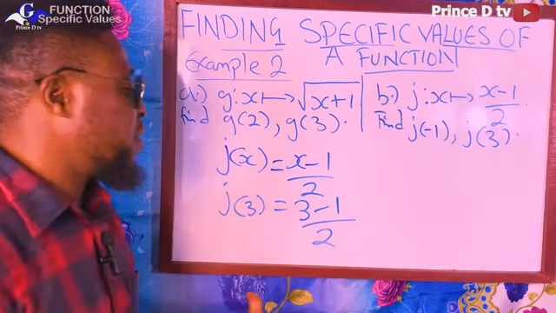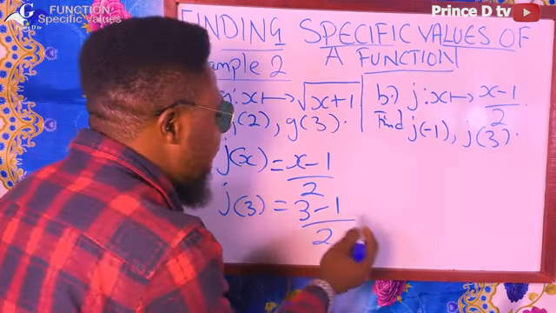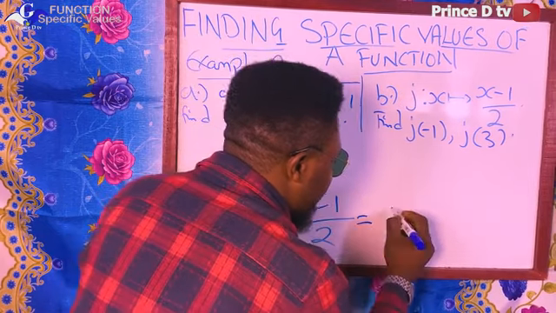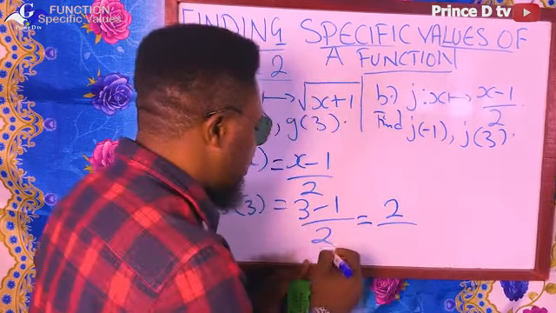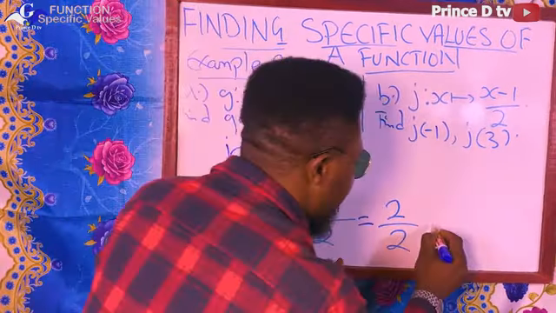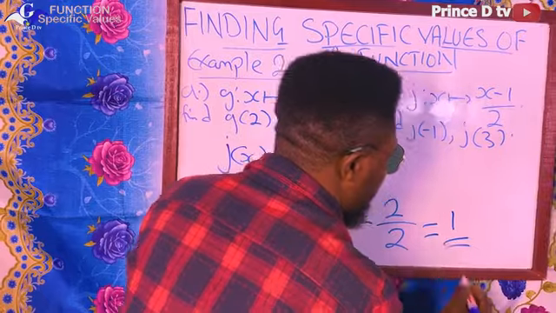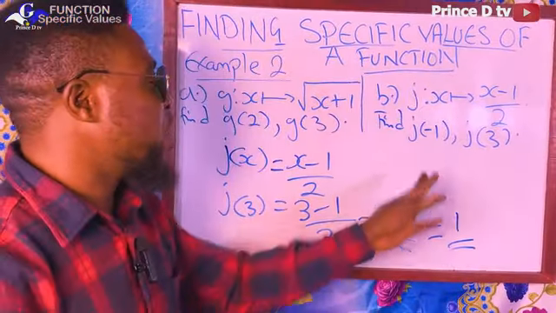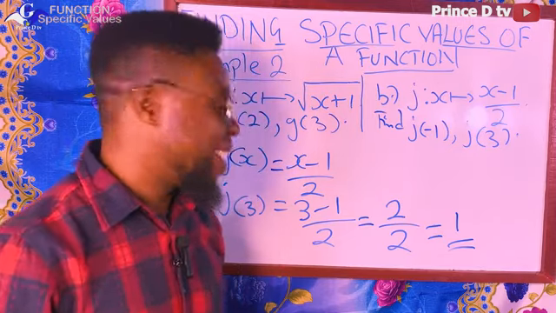The 3 is positive, no negative. So it's easy. 3 minus 1 is obviously 2. All over 2. Oh, so 2 divided by 2 is 1. Unlike the previous one, J of negative 1, the answer was negative 1.